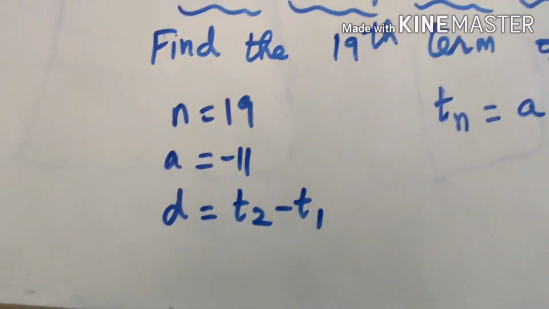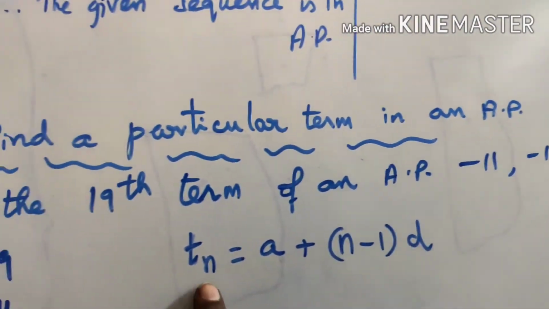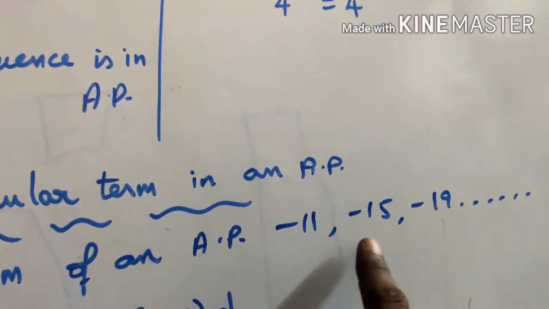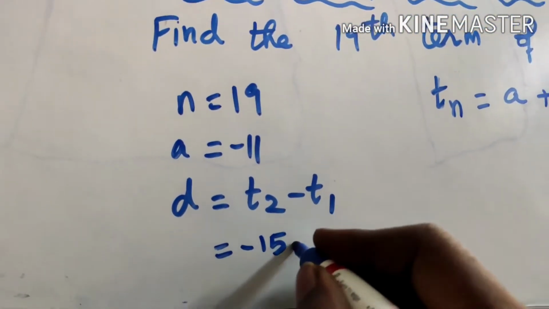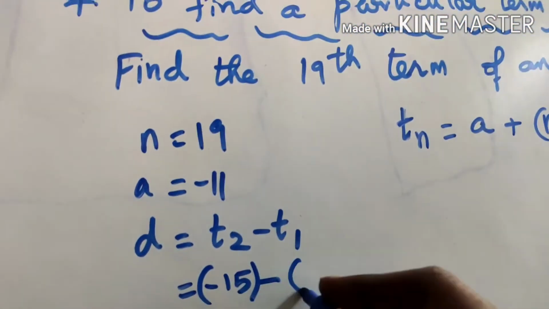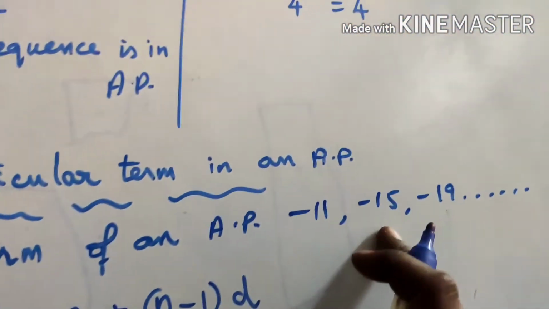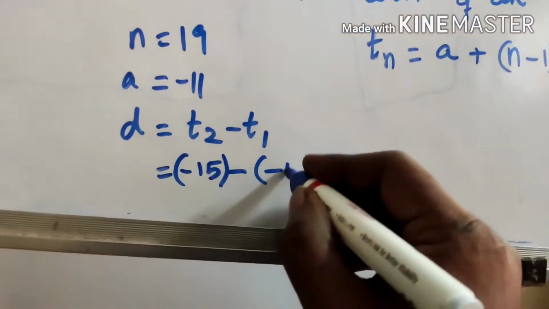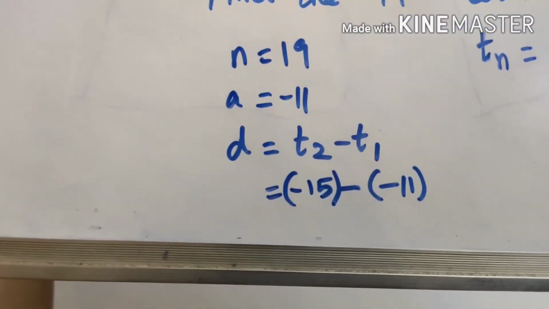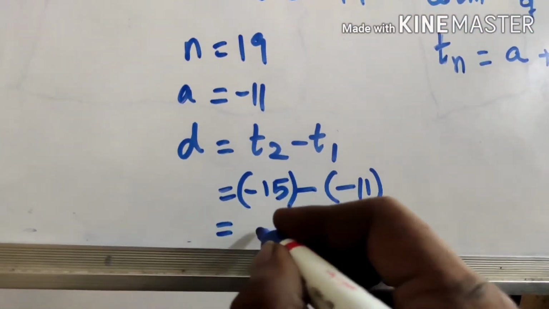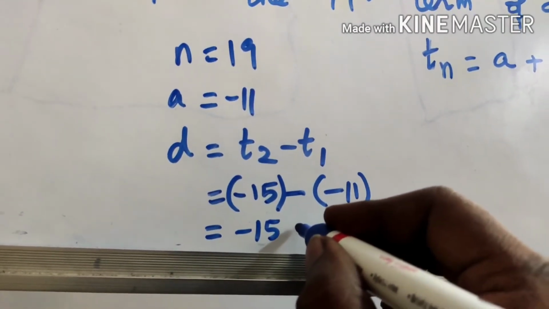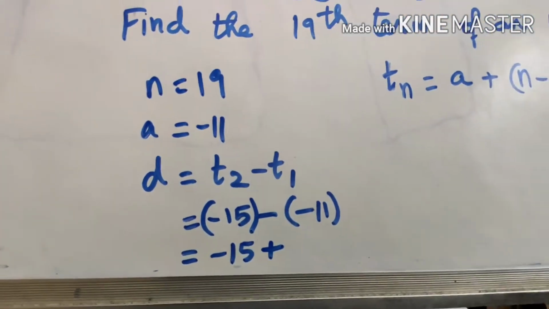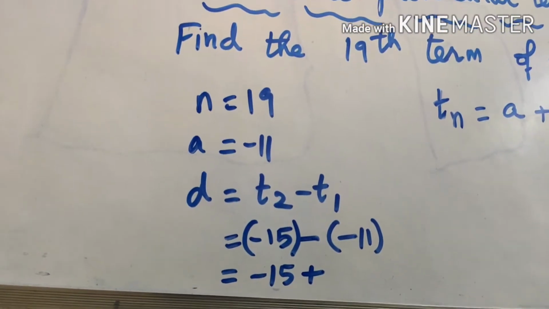That is the formula to find D. So N we found, A we found, now D. T2 minus T1: minus 15 minus, minus 15 minus 11. How will you find this? See here, minus 15, minus into minus is plus.